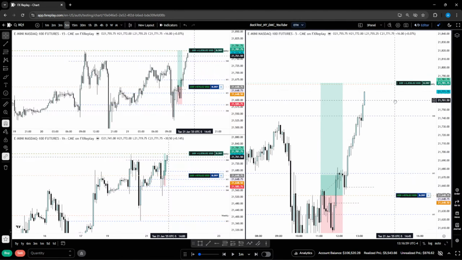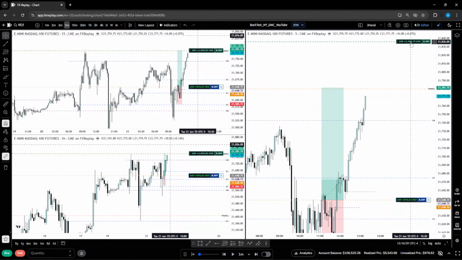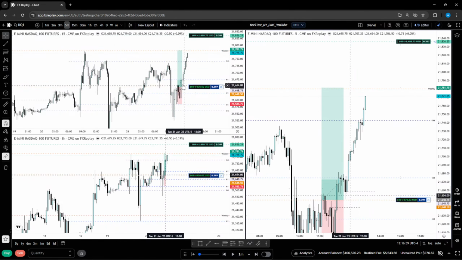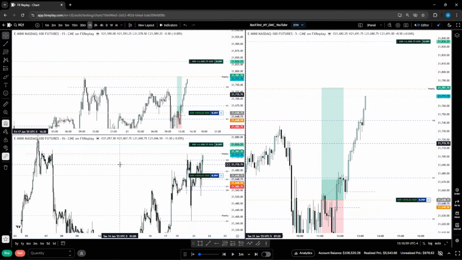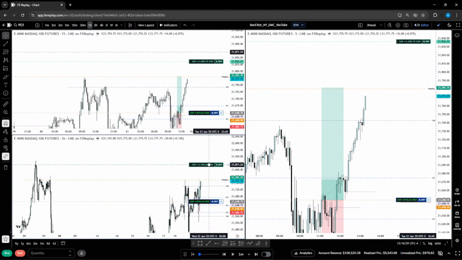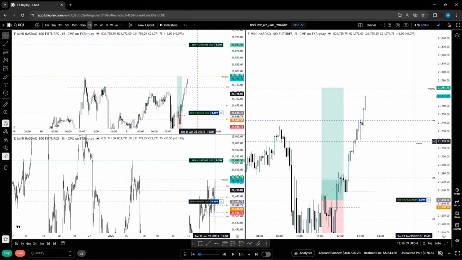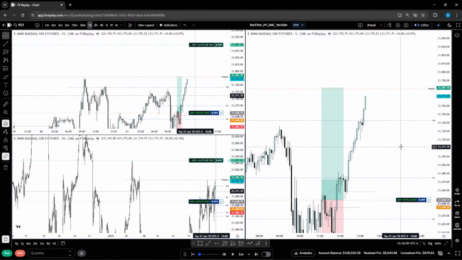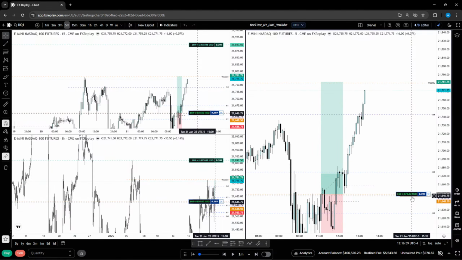Okay, so now we could just let this thing run to the next high, and then push the stop loss higher.